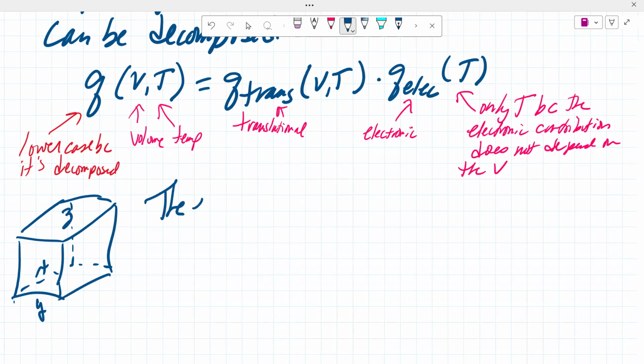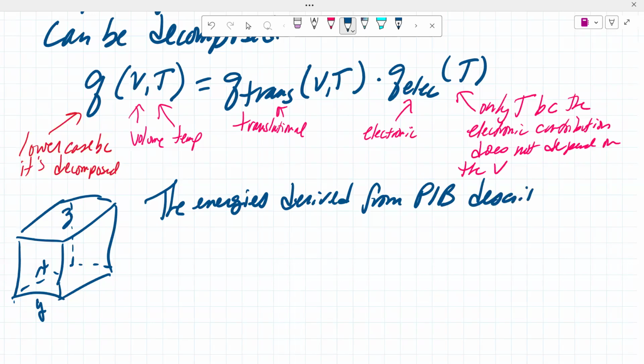The energies derived from the particle in a box describe the translation of a monatomic gas.